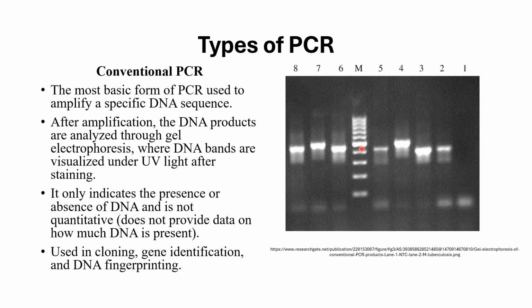But if you look at 4, it might not be corresponding to a particular part on the gel, although we have some DNA. If you look at 6, 7, 8, probably this is similar to the upper one, this big one, maybe the concentration is low, but we cannot tell from the gel. So the conventional PCR only tells us this particular DNA segment is present in the sample, but it does not quantify. This one is used in cloning, in gene identification, or in DNA fingerprinting.